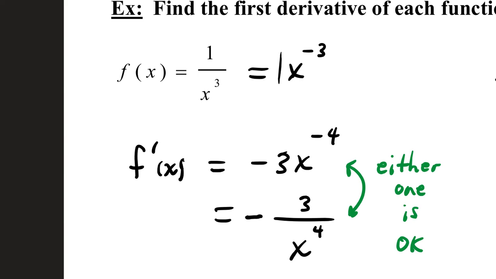F of x is equal to 1 over x cubed. Well, now this doesn't have the ax to the n format unless we can move this x up. We can, we just have to make sure we change the sign of the power. This 1's going to stay where it's at. When we move the denominator up, it becomes x to the negative 3. Now this has the ax to the n format.